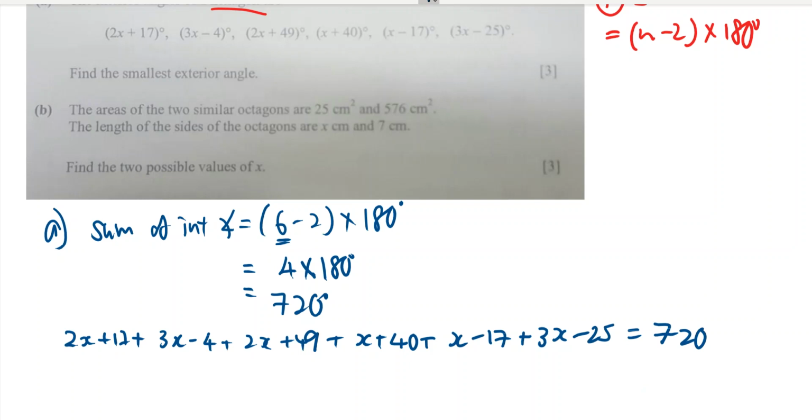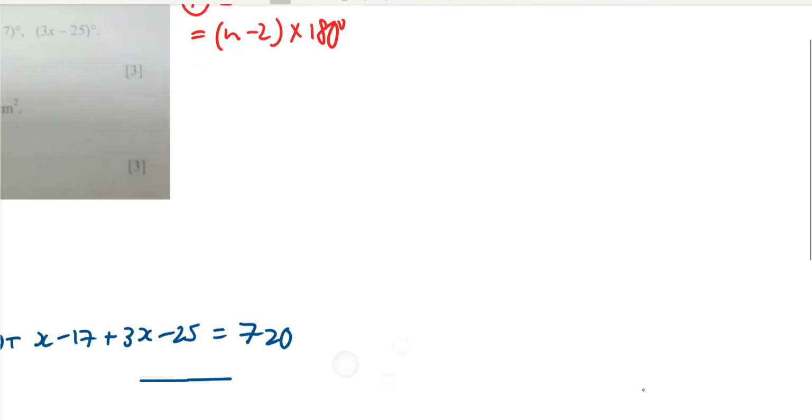So let's add the x terms together: 2 plus 3 is 5, 7, 8, 9, and then 12. So I have 12x. Then 17 minus 4 plus 49 plus 40 minus 17 minus 25, and I will get plus 60.